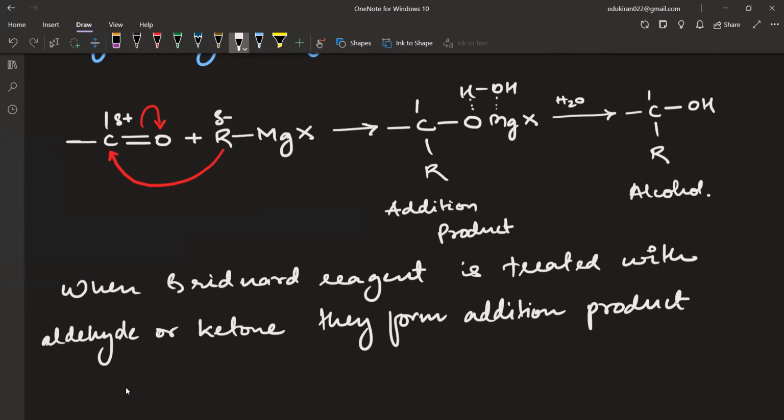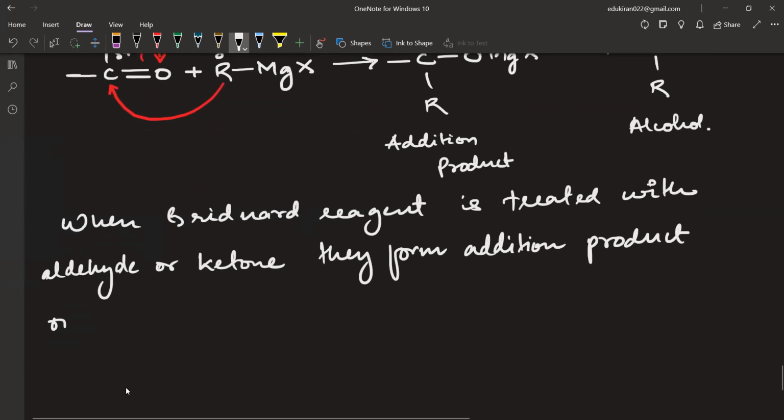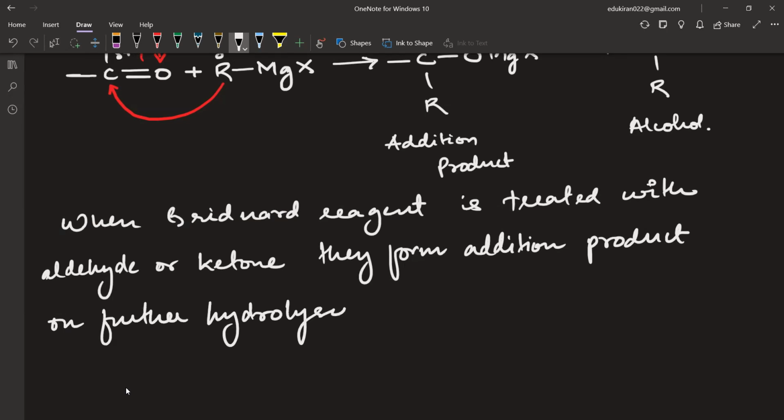They form what? They form addition product on further hydrolysis. On further hydrolysis, they form corresponding alcohols.